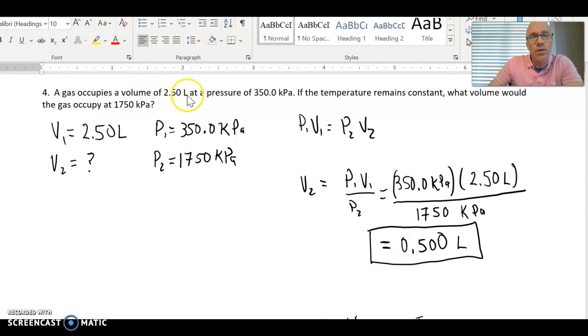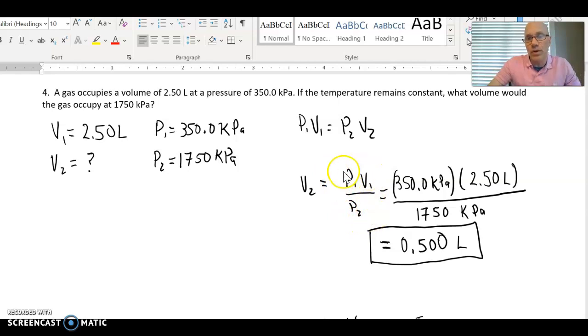In question number 4, there's definitely a change occurring, and we're talking about pressure and volume. The equation you would use if you're dealing with pressure and volume is P1V1 equals P2V2. The thing we don't know, the last volume, we need to solve for.